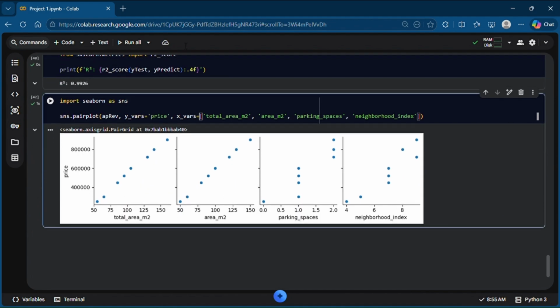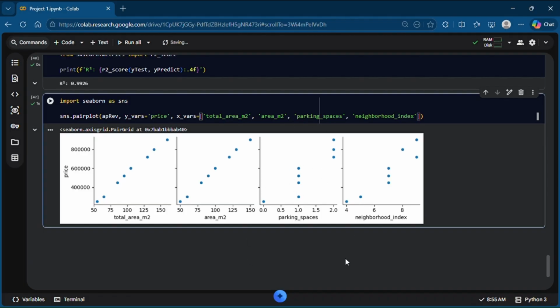Okay, so here we have our scatter plot associating price with all the other variables. Notice that we have a linear behavior, as I previously mentioned, associating price with total area m squared and area m squared. And with neighborhood index, the linear behavior is approximately similar, right?